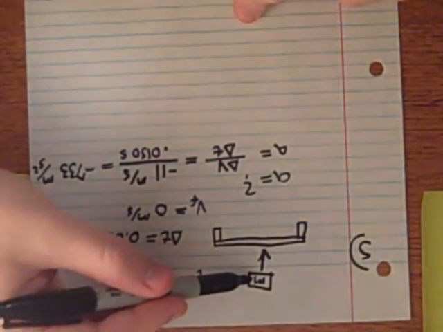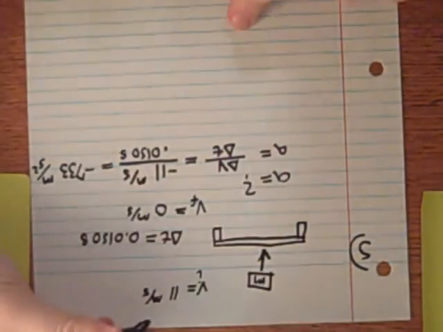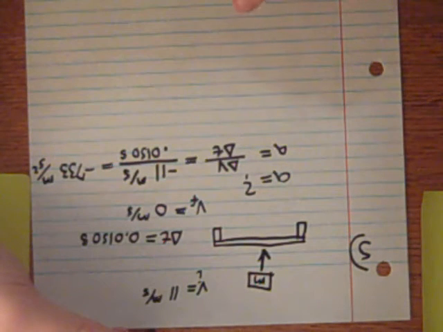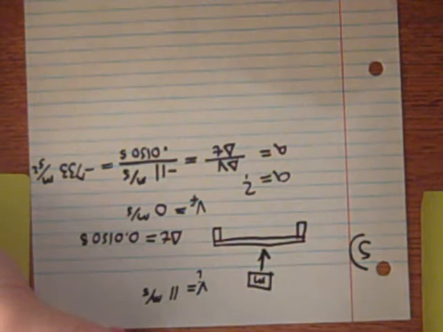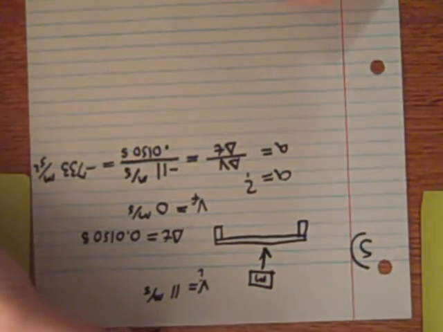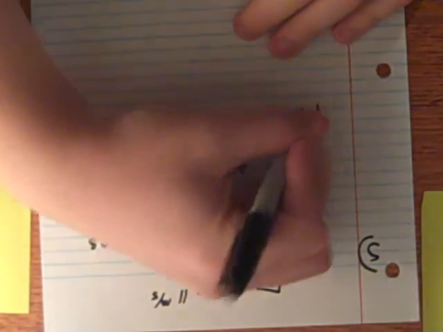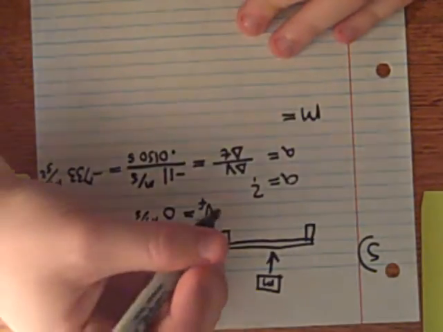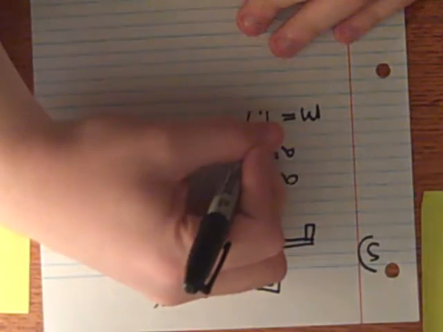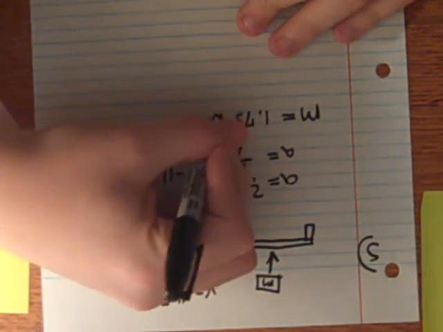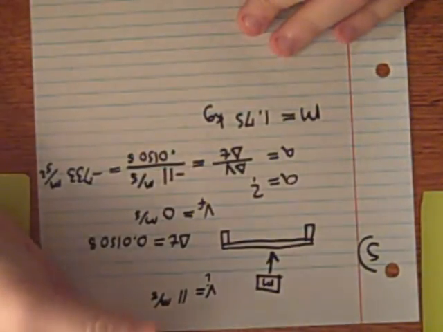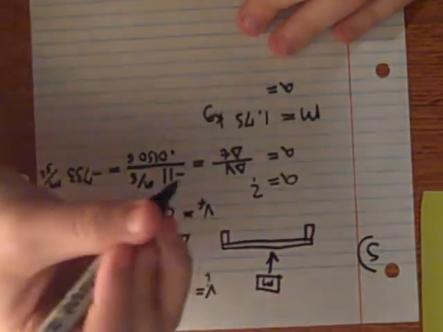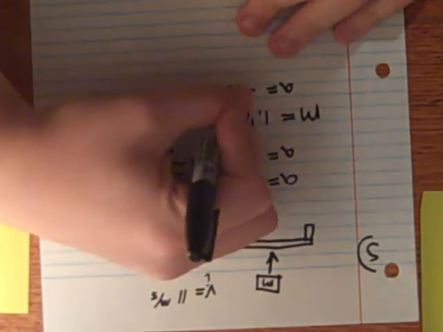Now I wrote M on this block hand because the next question asks if the mass of the hand, M is for mass, is 1.75 kilograms, then what is the force their hand exerts on the board? So mass is 1.75 kilograms. Acceleration, we just figured that out.